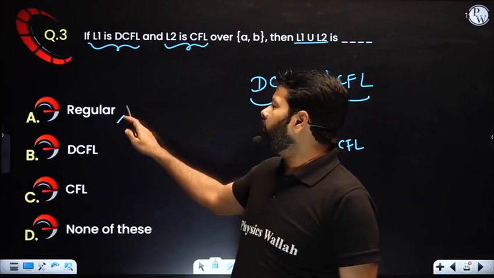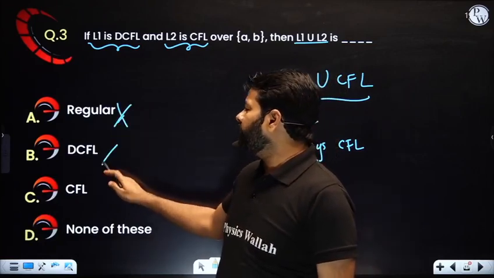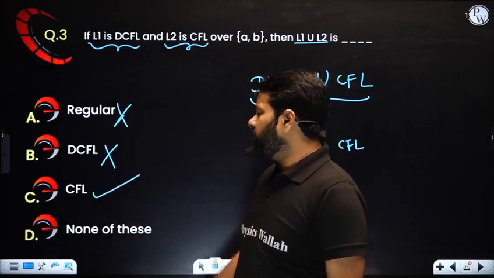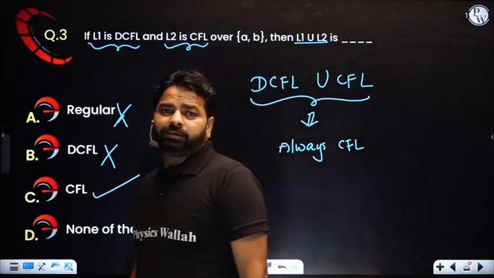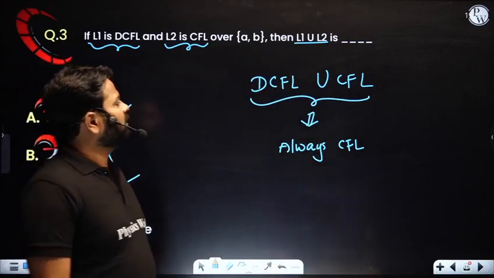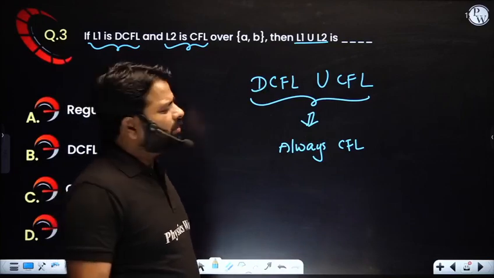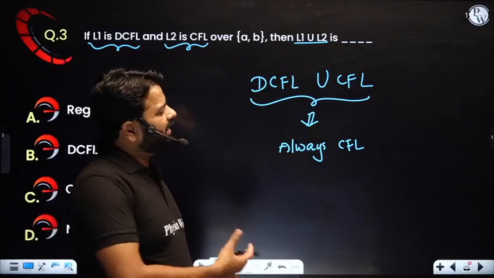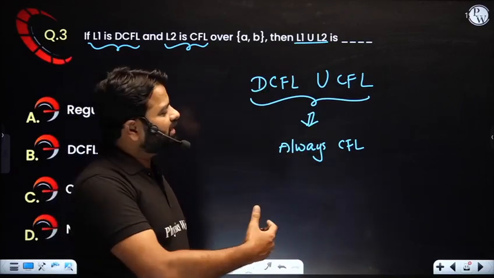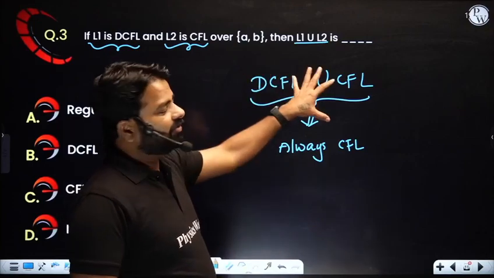Now regular, no. DCFL, no. But CFL, this is the right statement. If you wanted examples you could take a lot, but I don't want any example here. As you know, it is always CFL, and you can prove it with the help of context free grammars.